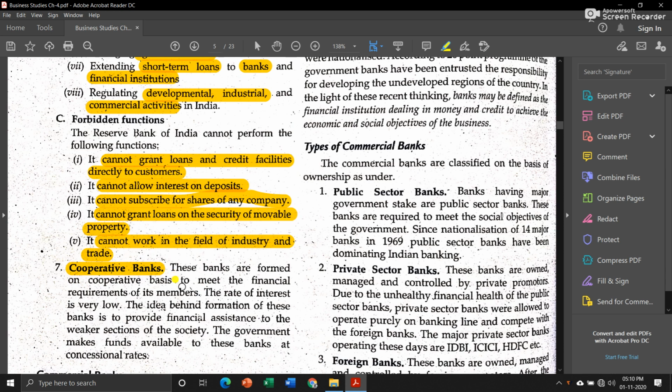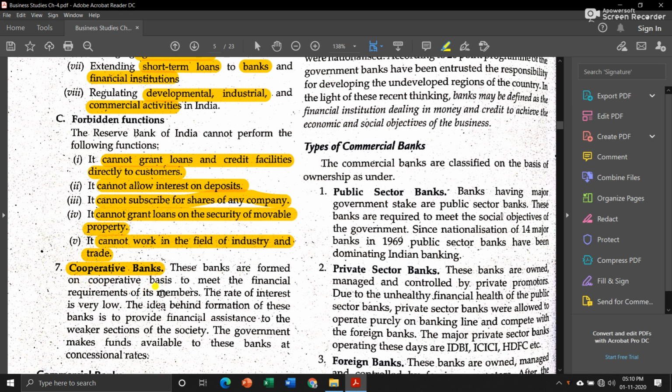Now in our previous chapter we saw that cooperative societies are nothing but people with common interest who come together, contribute a small amount of capital and form a group. Likewise, cooperative banks are formed on a cooperative basis to meet the financial requirements of their members.